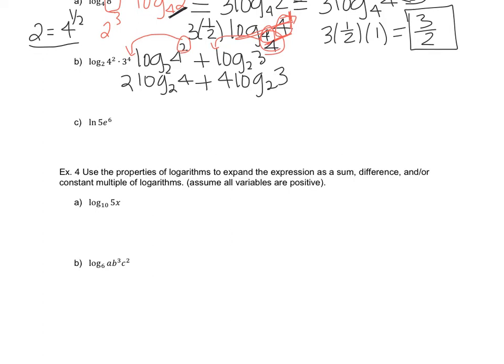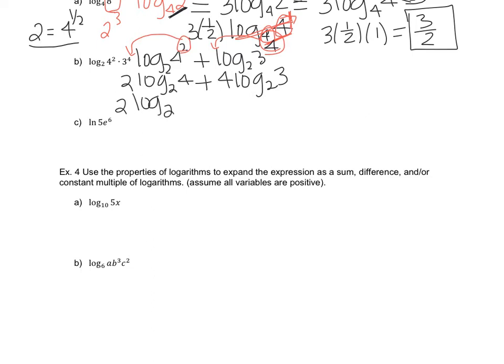Now, I'm going to look at each individual log and see, is there a way that I could make these bases match? So on my first pair, where I have a 2 and a 4, I can make the 4 become a base of 2. So that's exactly what I'm going to do.